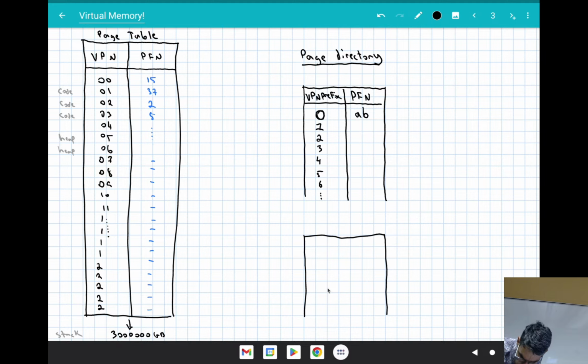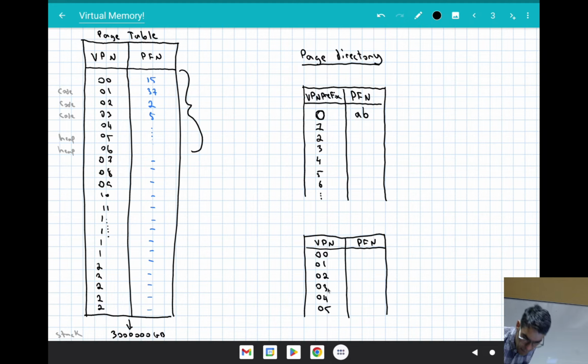So in terms of what we've got in our current virtual address space here, we're going to take these entries here that have actually been allocated, the ones that have a prefix of 0, and we're going to just put those in a different page all by themselves.